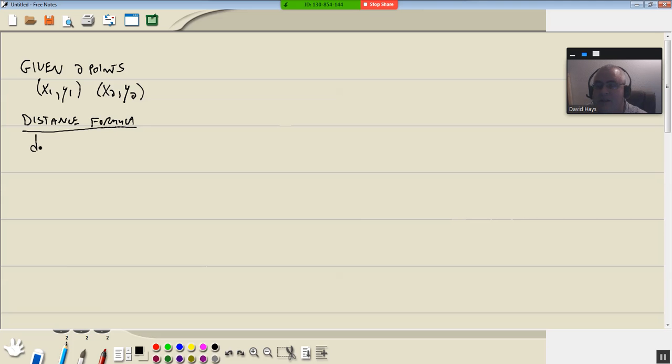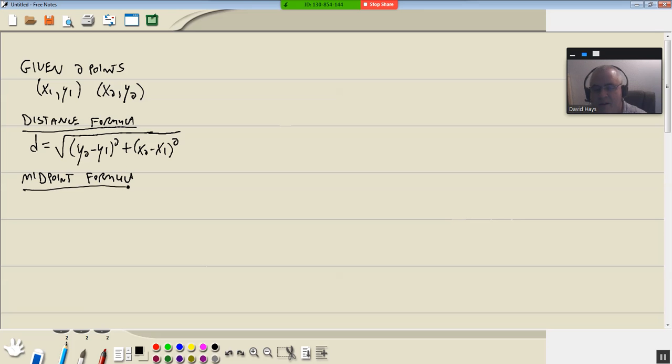And the distance formula says d is equal to the square root of y2 minus y1 squared plus x2 minus x1 squared. We'll also have our midpoint formula. And the midpoint is going to equal x1 plus x2 divided by 2 and y1 plus y2 divided by 2.